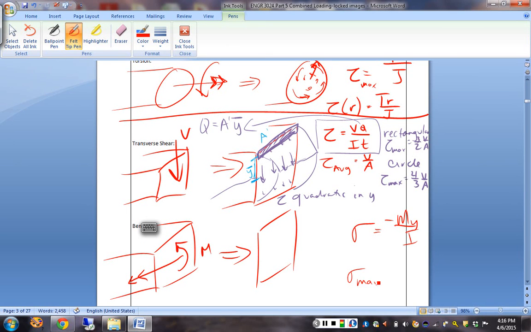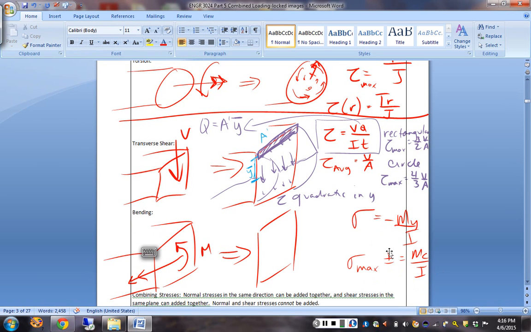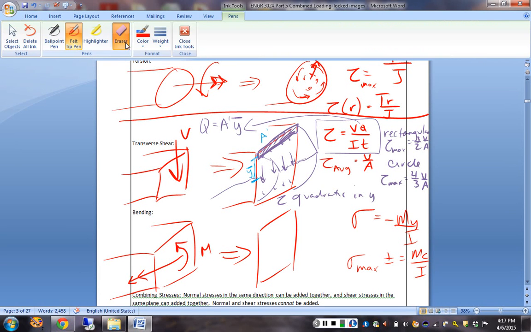And sigma max is plus or minus MC over I, if you have a symmetric cross section. And what does this look like in cross section? How much normal stress do you have along the neutral axis? You have 0.